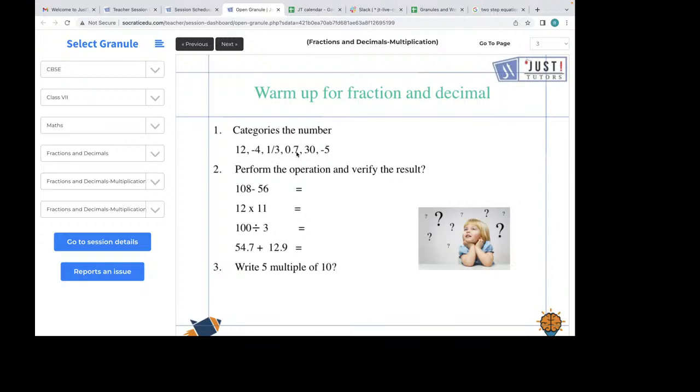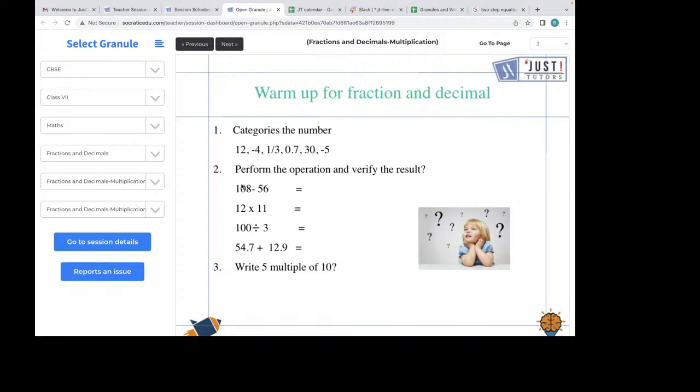Now 0.7 is a decimal number because you can see a decimal point in between 0 and 7. 30 again is like 12. This is an integer, a positive integer, natural number, and a whole number also, you can say. Now minus 5 is like minus 4, so it is a negative integer.